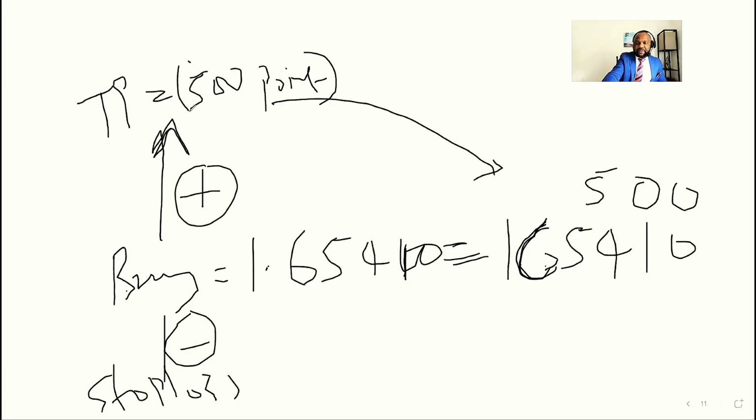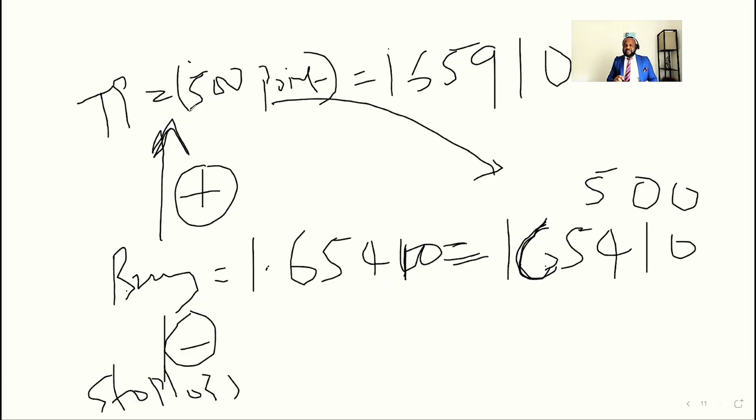Your calculator can understand now. Add 500 to 165410 to give you 165910. You can't write it like this because you don't have the decimal inside. So you put the decimal. Look at this one. The decimal was after the first digit, so you put it here too. This is your take profit.